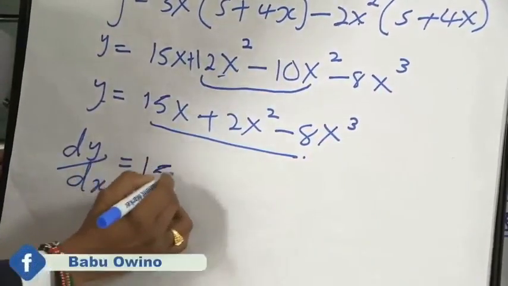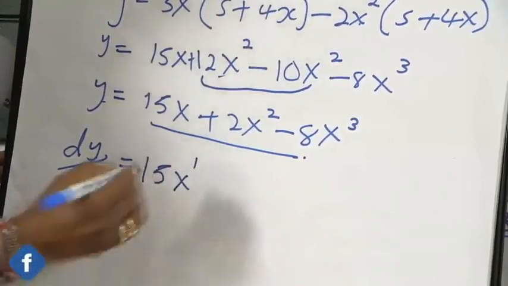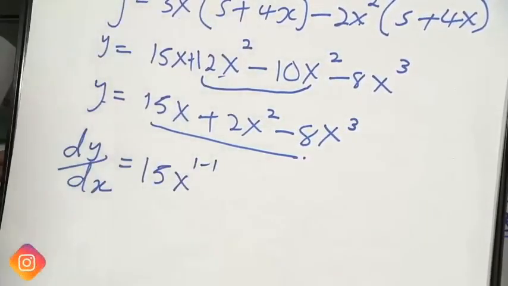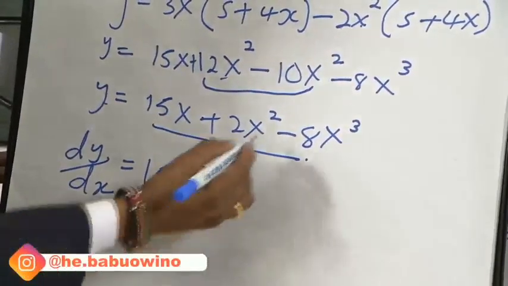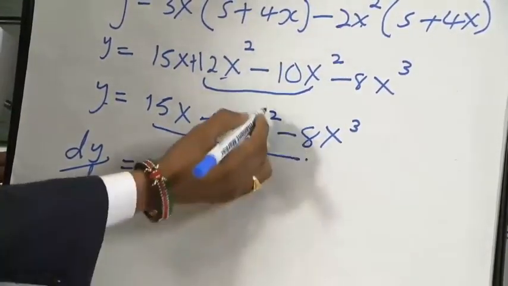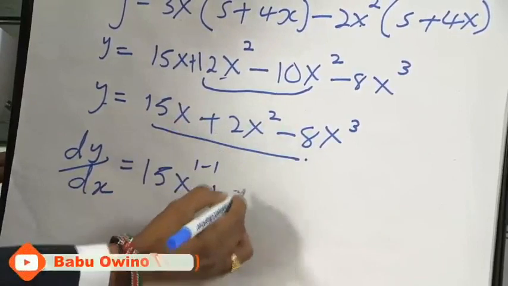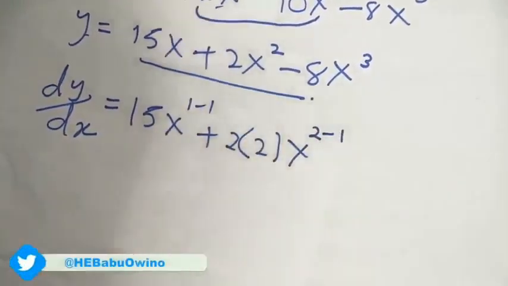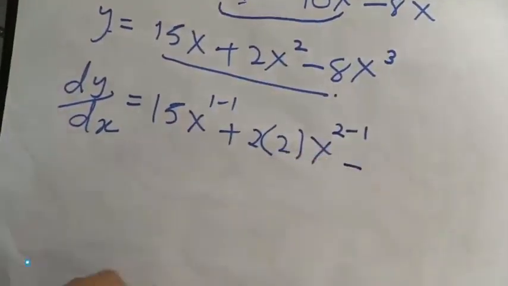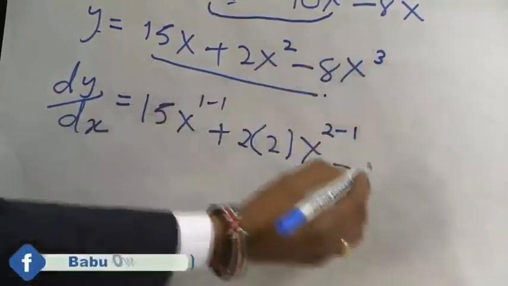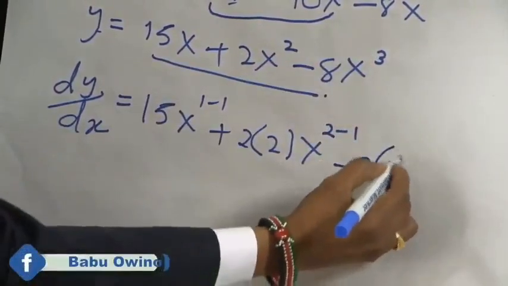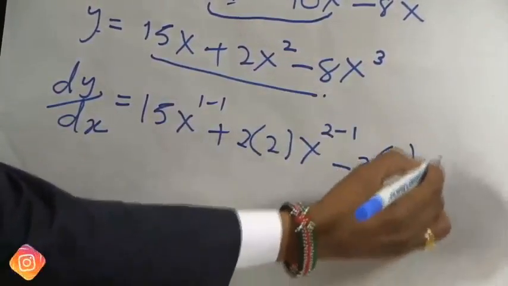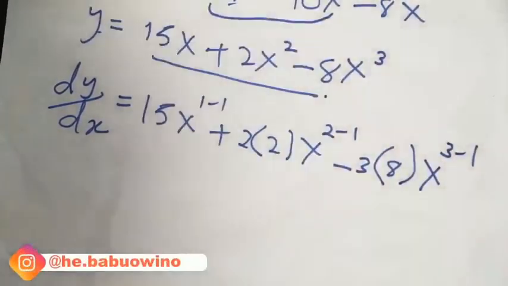We have 15x, then x is raised to power 1, you subtract 1. Then plus 2x squared differentiated, you drop down the power 2, multiply by the constant 2, then we have x, then 2, you subtract 1. Minus, drop down power 3, multiply by 8, x cubed, you subtract 1.